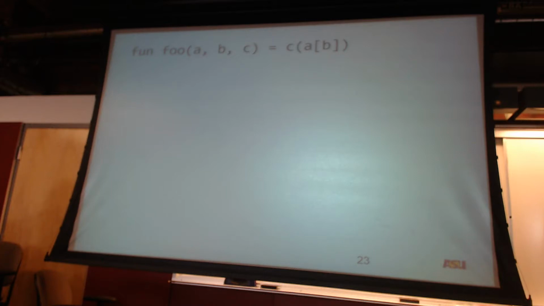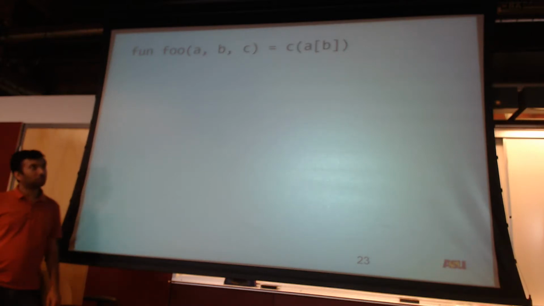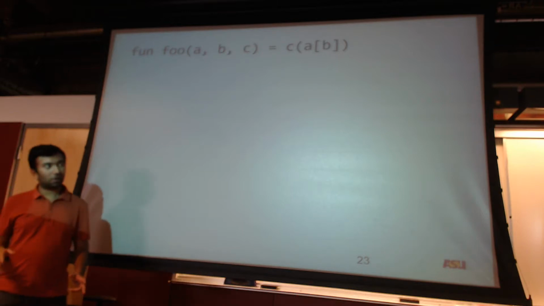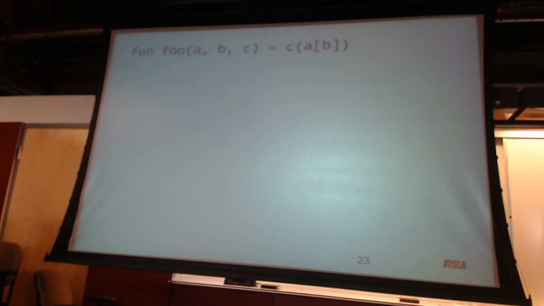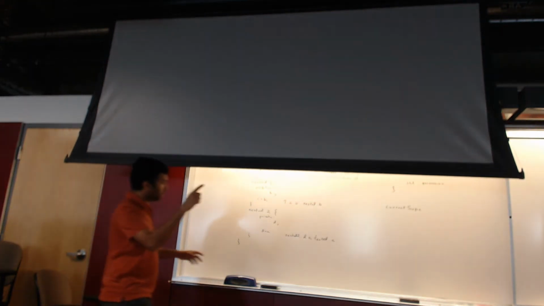So let's say we have this function, foo(a, b, c), then c equals a[b]. Before going here, let's do it on the board first. So before even checking the type, what does this mean?